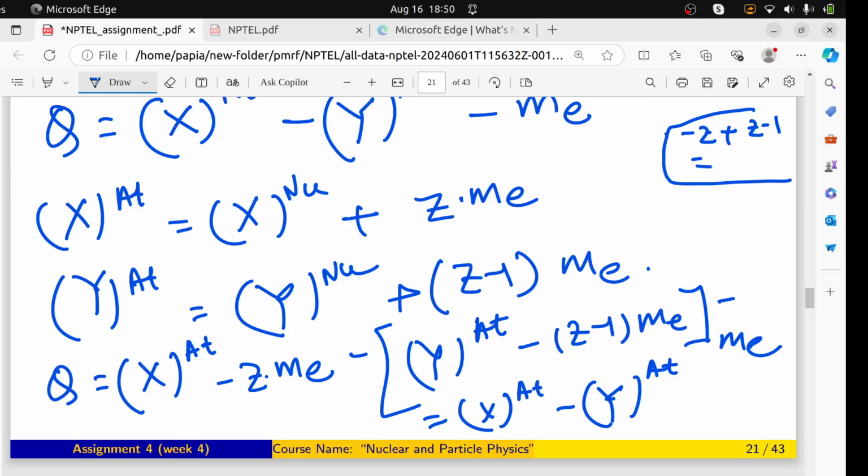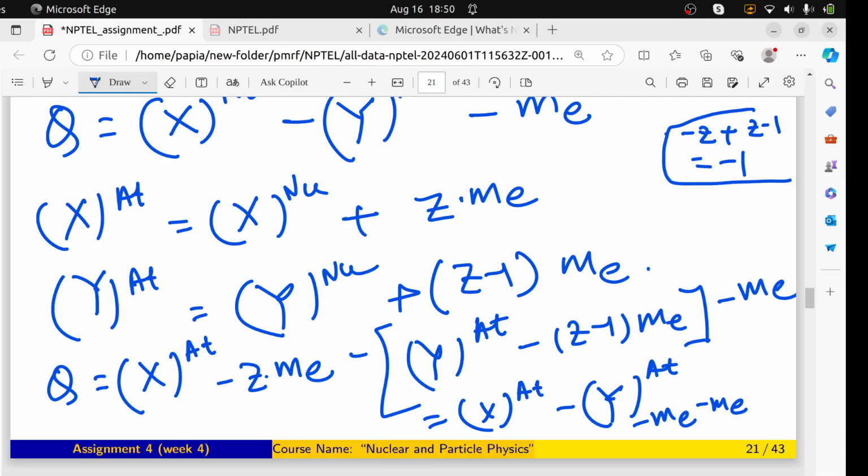So how much will it be? Minus 1 only. So minus me, minus me. This minus is also there. So you can see here minus me from these two, and one minus me is coming out. So minus 2 me. Okay.